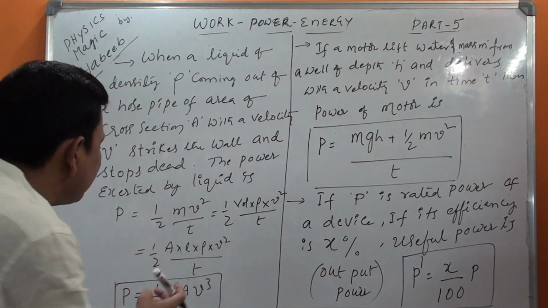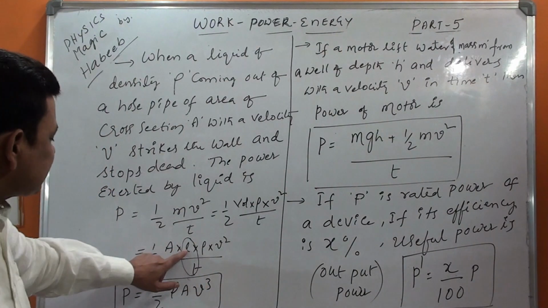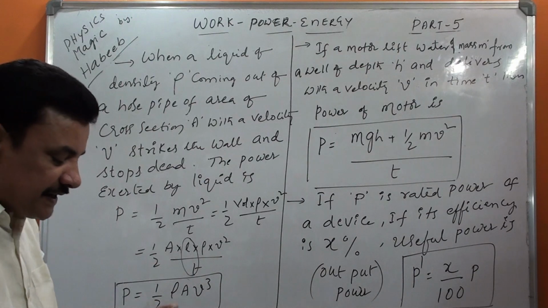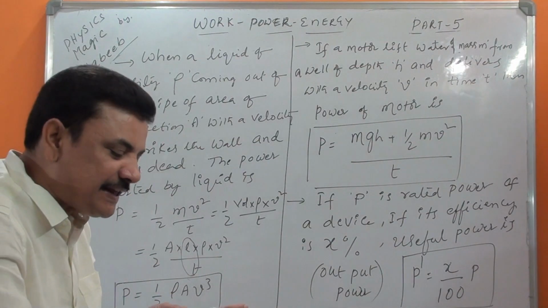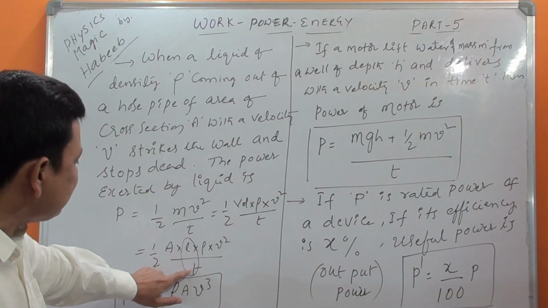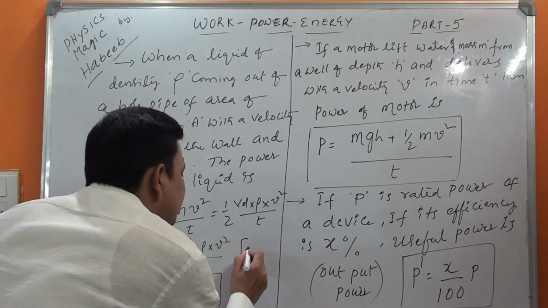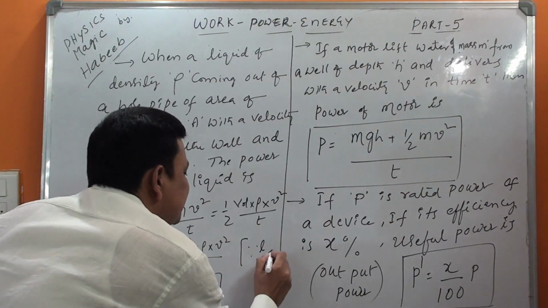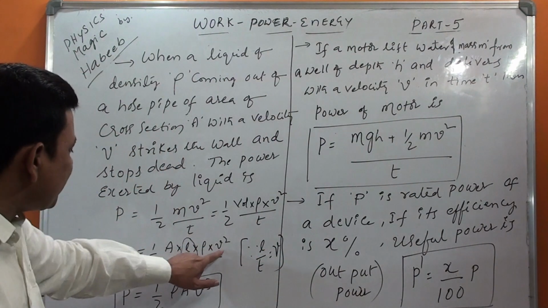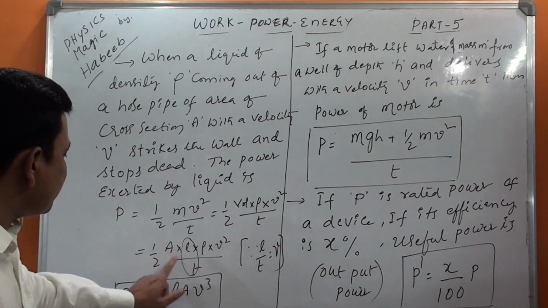But L by t is distance by time. The liquid travels from here to here; this is the length of the pipe and it travels the same distance. So distance by time is nothing but velocity. Since v square is already there, this velocity will join it, and we get v cube: rho A v cube.